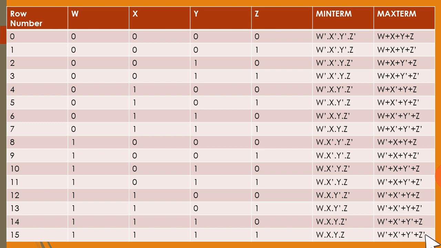All the variables have been complemented. Why? Because in the maxterm we only complement ones and zeros are untouched. All the variables have the value 1, so it's the input combination 1 1 1 1. So the maxterm is W dash plus X dash plus Y dash plus Z dash.